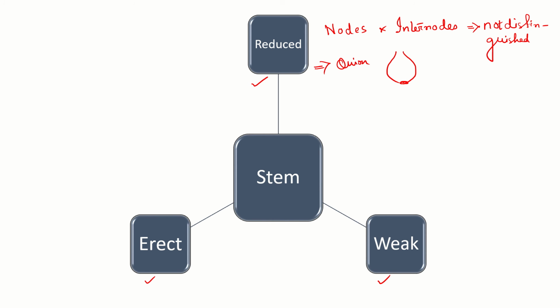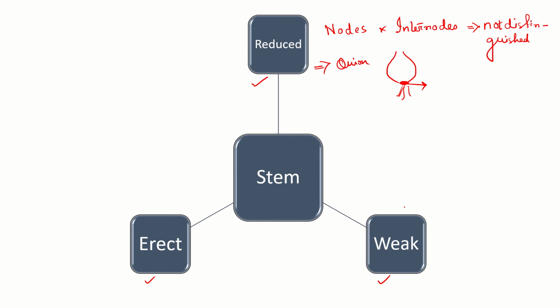This part you throw away, right? That off-white disc structure from where roots come out. This is the reduced stem. This is the condensed or reduced stem. This type of reduced stem is also found in carrot, radish, turnip, all these, right?